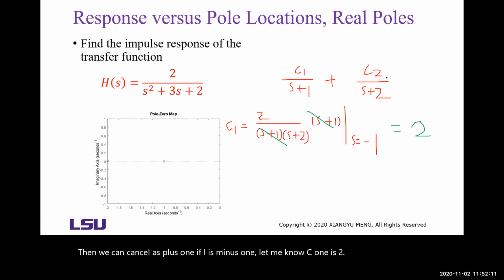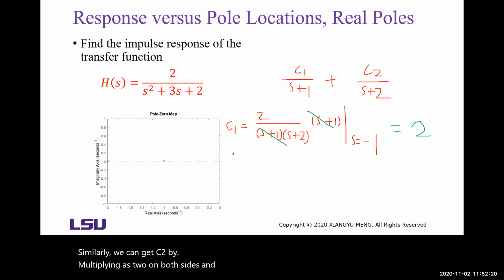Similarly, we can get C2 by multiplying (s + 2) on both sides and letting s be minus 2.